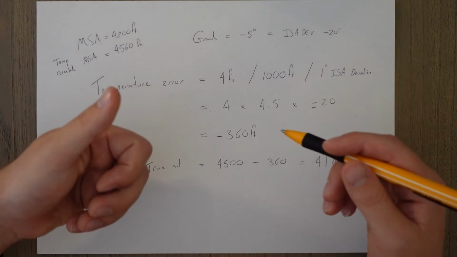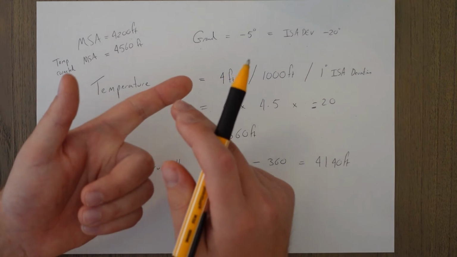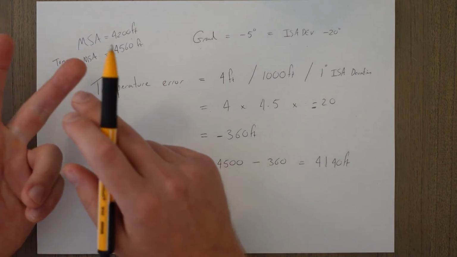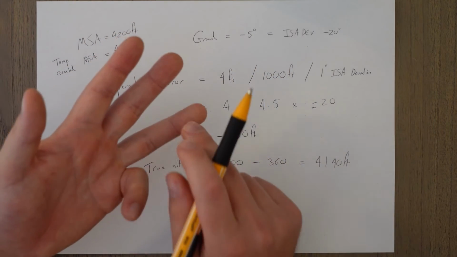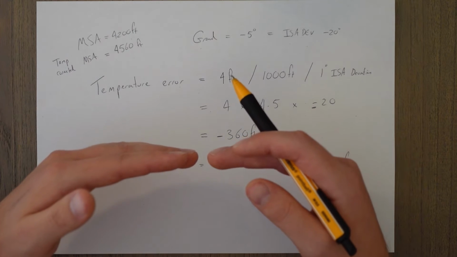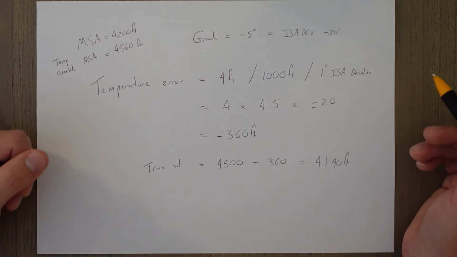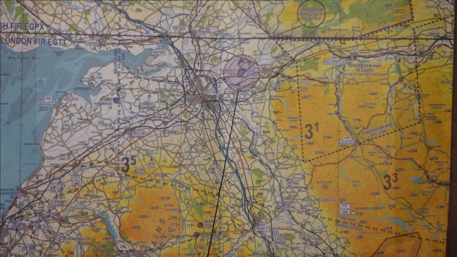So you've got MSAs, you've got to correct for the direction that you're going, and pick a flight level based off that. Then you've got to think about temperature, and then you've got to think about the difference between altimeter setting QNH and standard setting if you're flying at flight levels. So just a little bit to think about.